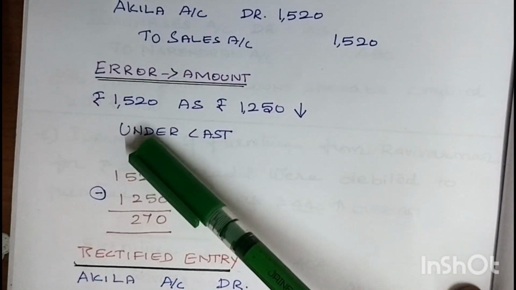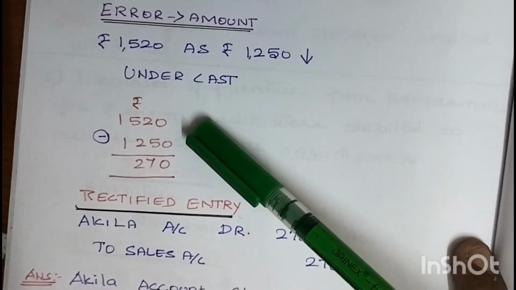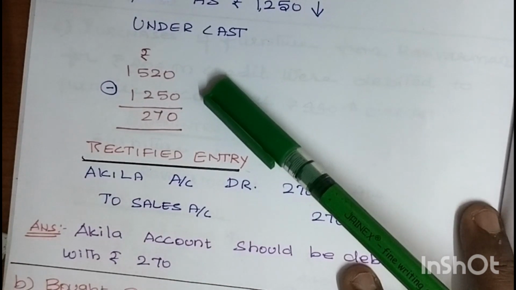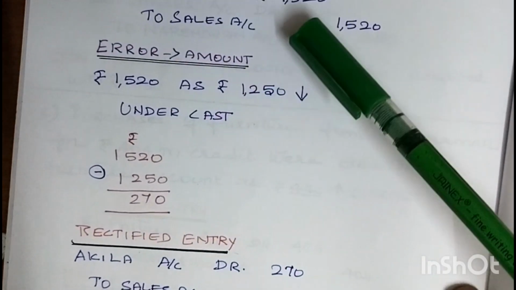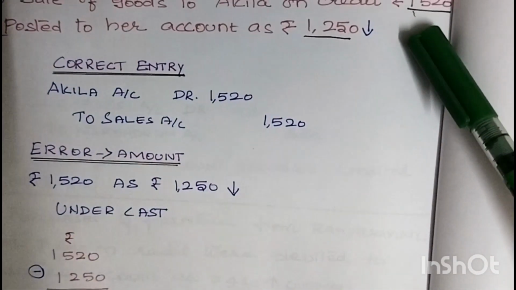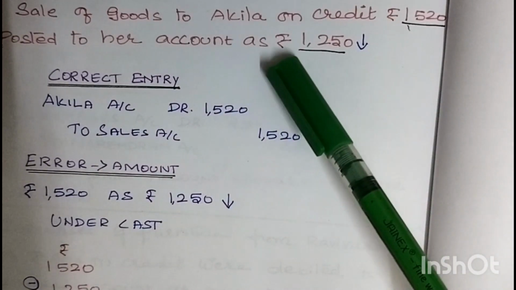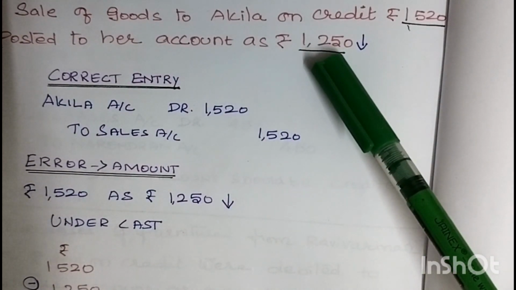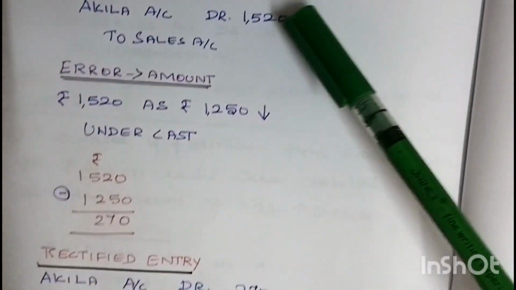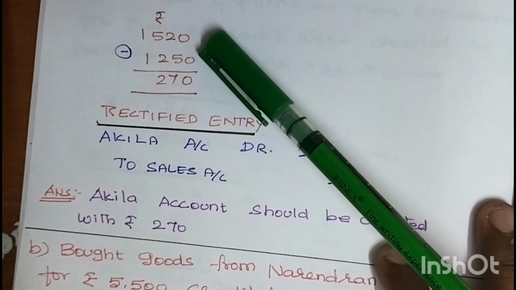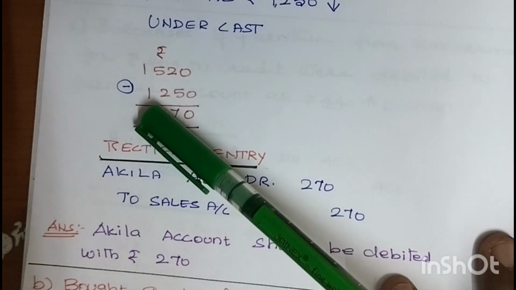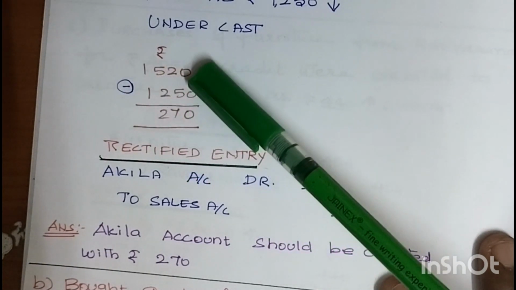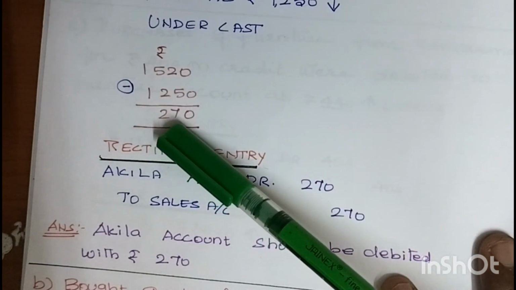So we have to subtract it. We have to find out the differences. We can't enter 1520 or 1250. We have to find out the difference between these two amounts. So we have to subtract 1250 from 1520, we will get 270.